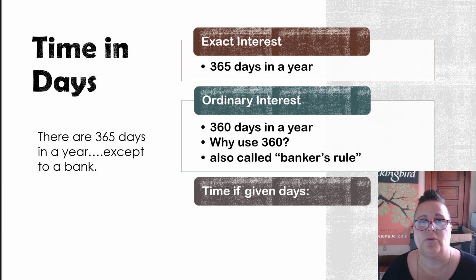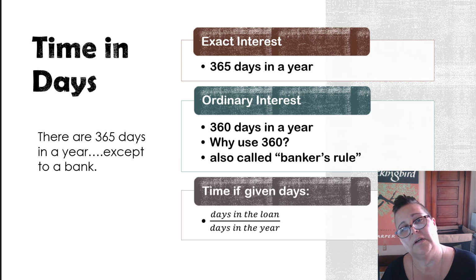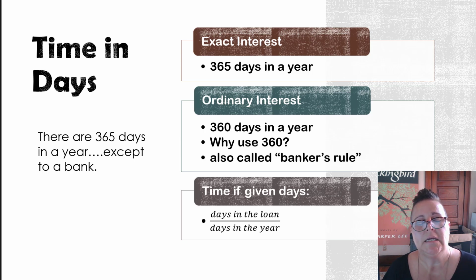It just says a loan of 20 days, right? So which one do you use? Well, the default is 360. If you're unclear, we want you to use 360, okay? Then you take the number of days in that loan and you divide it by the days in the year. If it's exact, you're using 365. And if it's ordinary or not stated, then you're using 360.